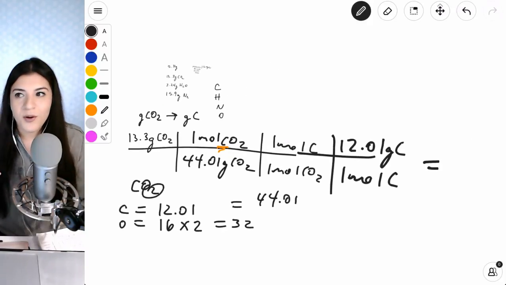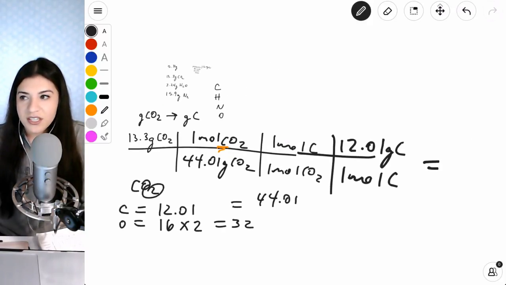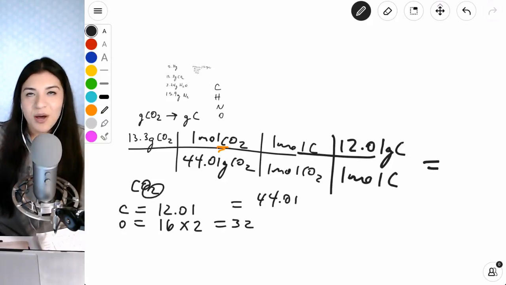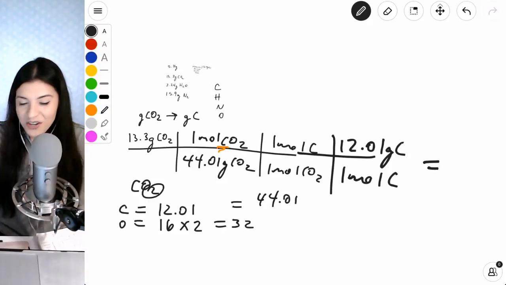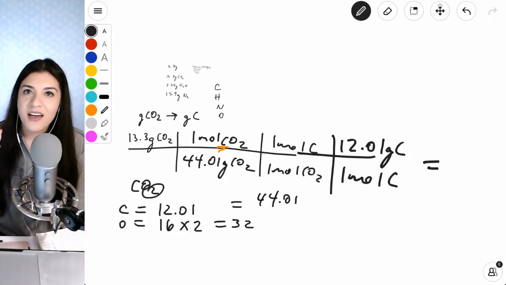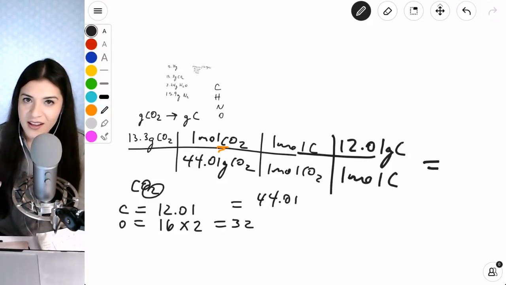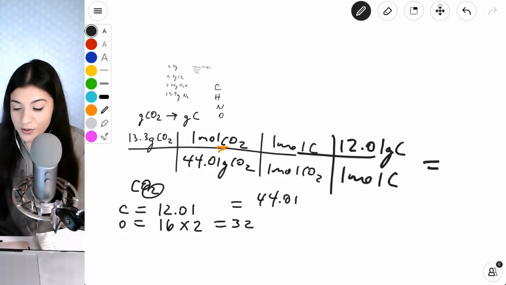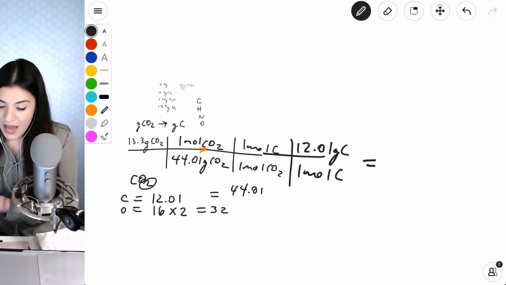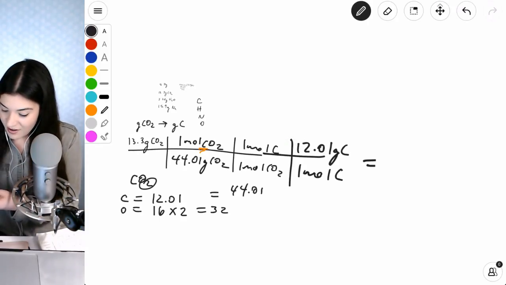This is going to tell me how many grams of carbon. With these questions, there's an additional step where you have to figure out the actual amount of carbon, hydrogen, and nitrogen, and after that, it's like you're starting the question all over again, and you have to change that to moles. So that's what we're trying to do right now, which is figure out the actual grams of each element in this chemical formula.